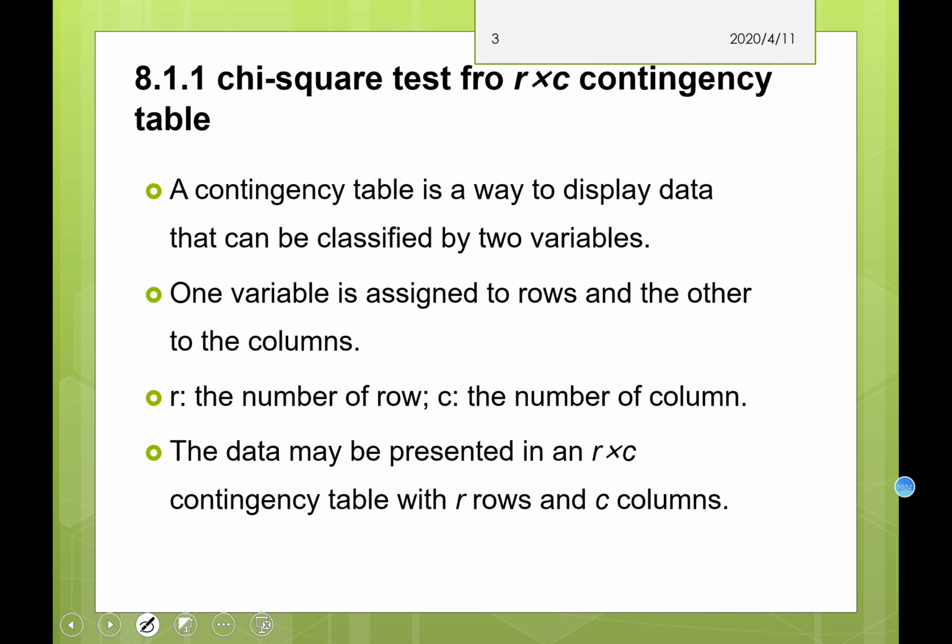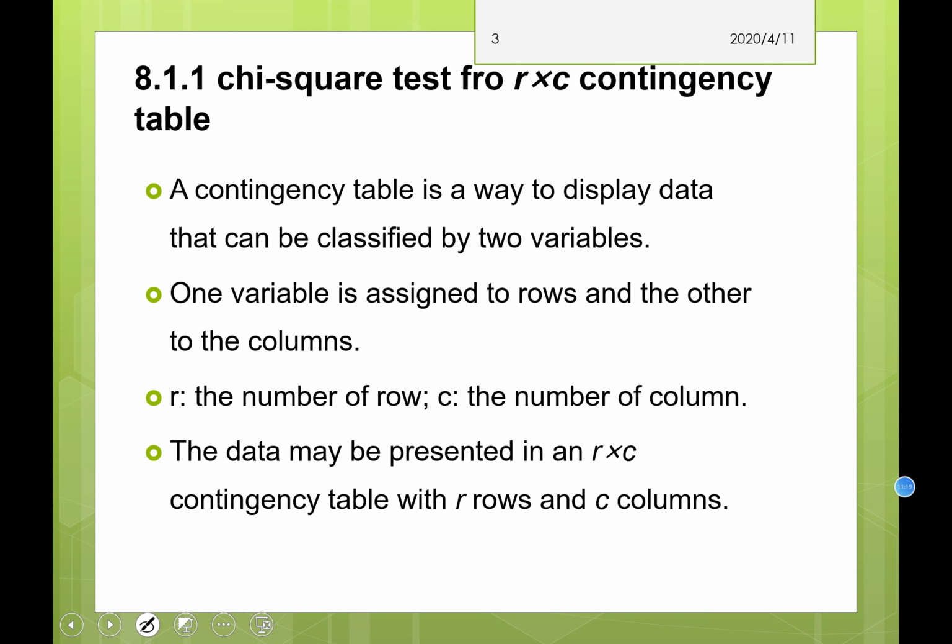So if we want to know whether the medicine is effective or not, there will be 2 columns. That means C equals 2, because we have 2 levels. One is effect, and the other one is no effect.